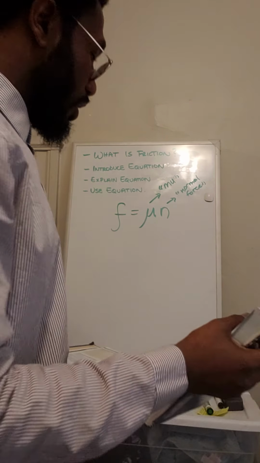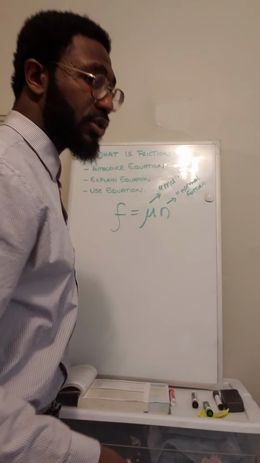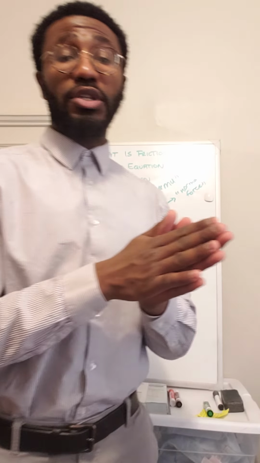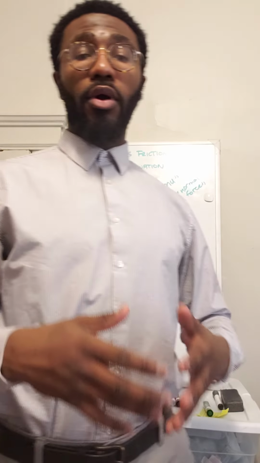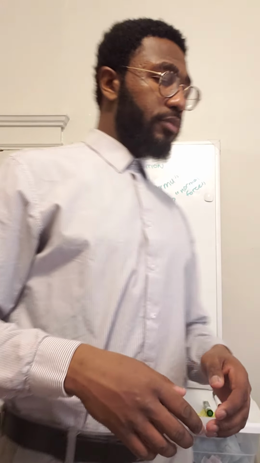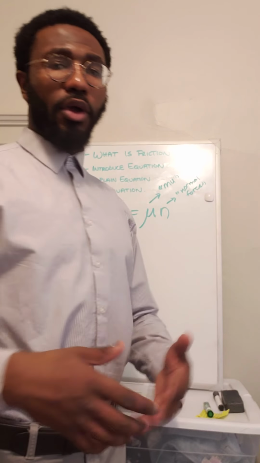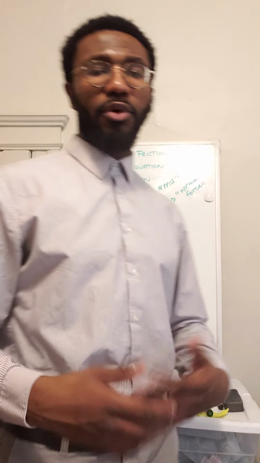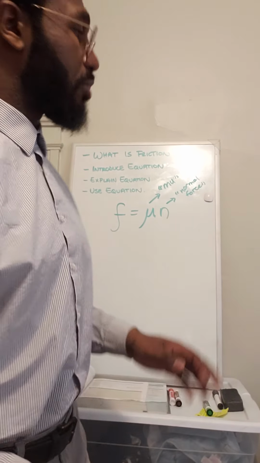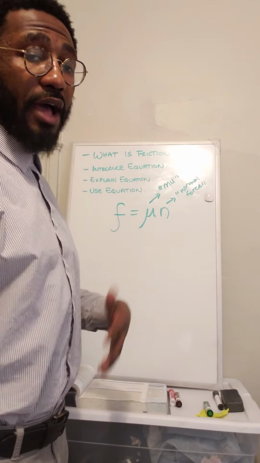So the coefficient of friction is different based on whether those two surfaces are already in motion or whether they're still standing still. But the coefficient of friction, as you could see from the table, normally doesn't go above a value of 1. Normally it's 0.75 or 0.5 or less. But this is a unitless value.